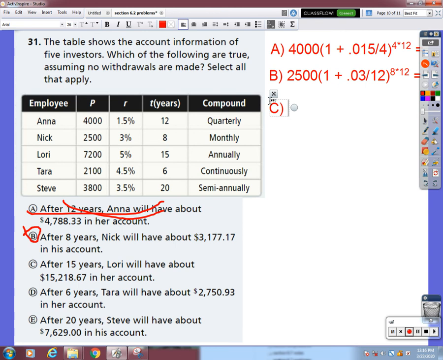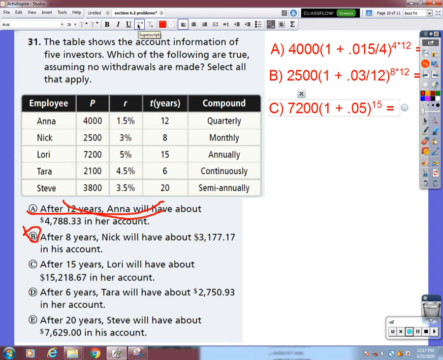So then for Lori, after 15 years, so she's going 7,200 times 1 plus her interest rate is 5%. Nice job, Lori. She's got the best one. Divided by annually, so we don't have to divide by anything there. And she's going for 15 years.